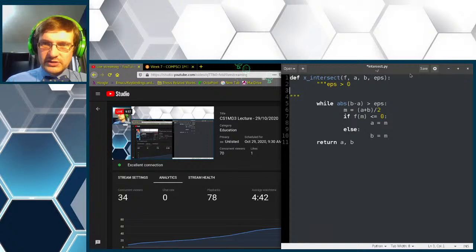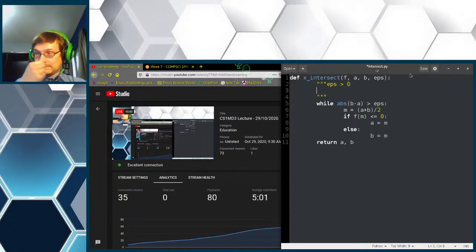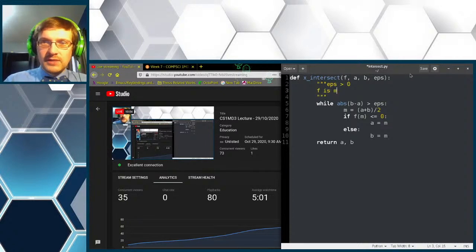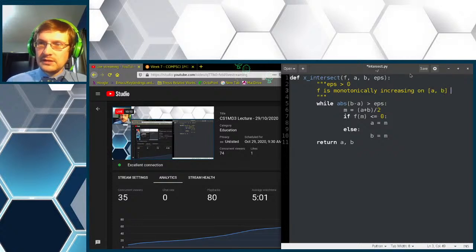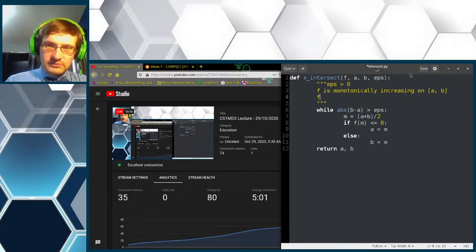The second assumption is that f is monotonically increasing on A to B. And another assumption is that f at A is less than 0 and f at B is greater than 0.